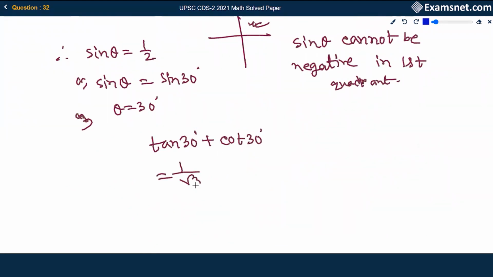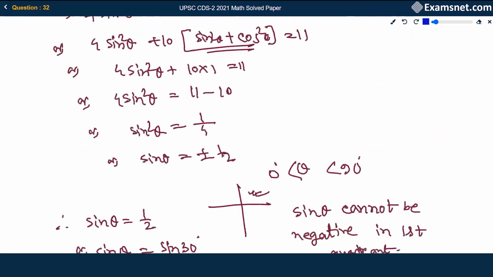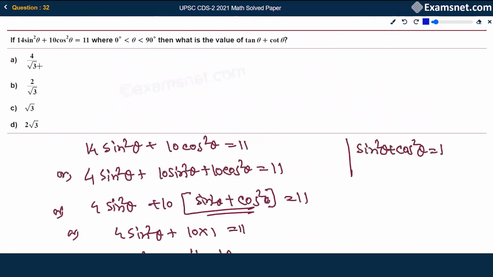This will give us 1 by root 3, and cot 30 degree will give us root 3. So (1 plus 3) by root 3, that is 4 by root 3, is the answer. Let's check it. Yes, option A, 4 by root 3, is the correct answer.